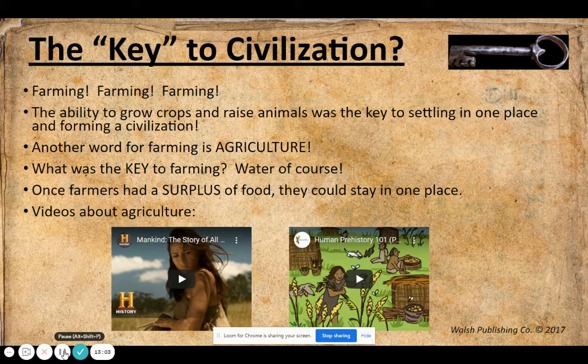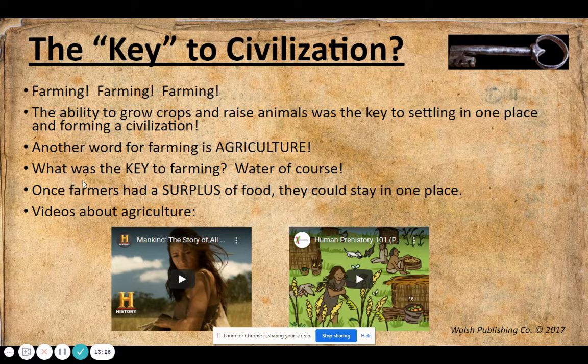And settling down into civilization, the most important thing that made that possible was farming, farming, farming. Another word for farming, if we're going to use an educated term, would be agriculture, the raising of crops and animals. So that is the key to forming a new civilization. Otherwise, we'd still be hunting and gathering.